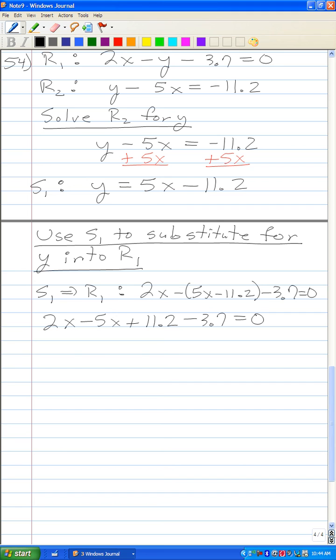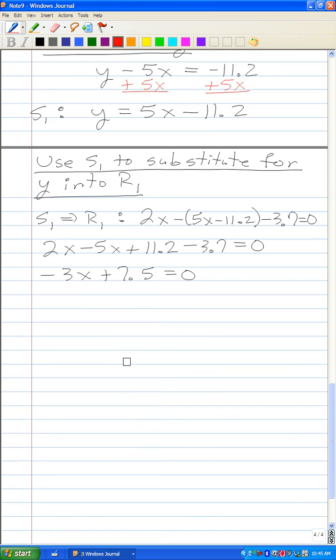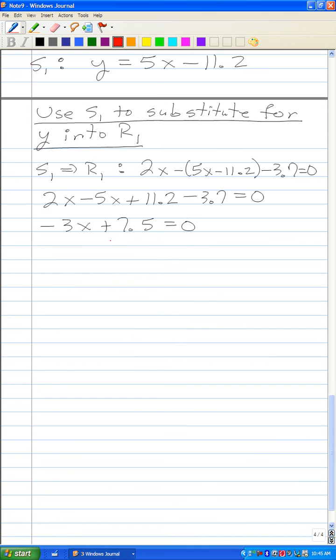Let me combine like terms. 2x minus 5x is negative 3x. 11.2 minus 3.7 is 7.5 equals 0. Let me subtract 7.5 from both sides of my equation.